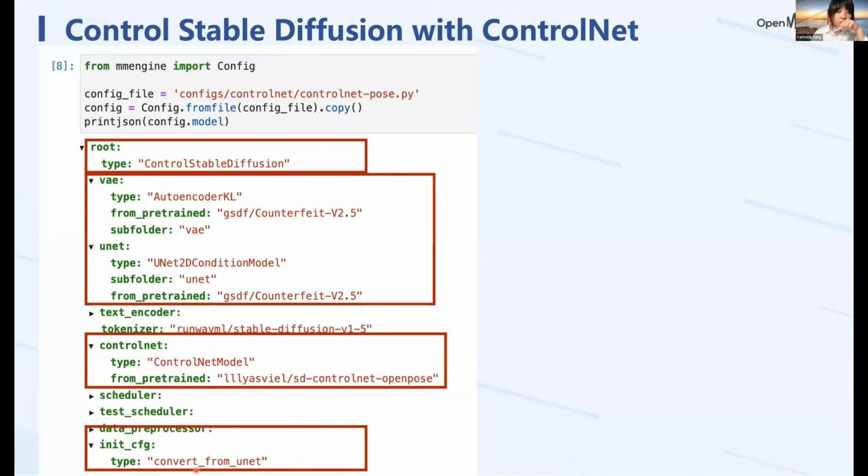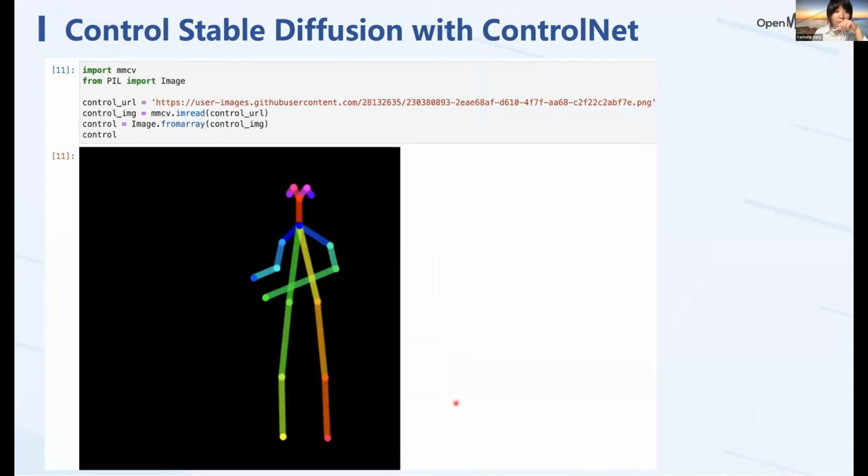Here we choose convert from UNet because here in the VAE and UNet we didn't use the default stable diffusion weight. We use some checkpoints from the community. So we need to set the initialization configuration as convert from UNet.